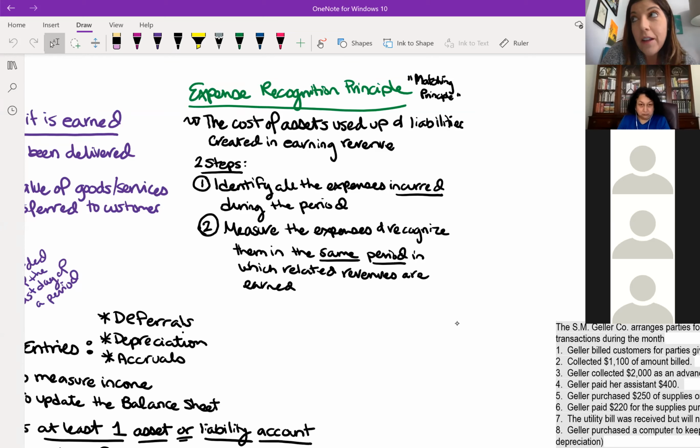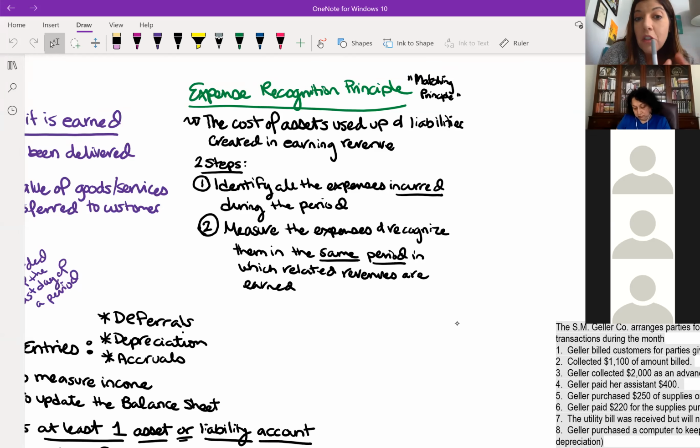We've heard a different definition, which is the cost of operating the business, but it can also be referred to as the cost of assets used up. So when I use the supplies or I sell the inventory, those are assets that I've used to earn revenue.